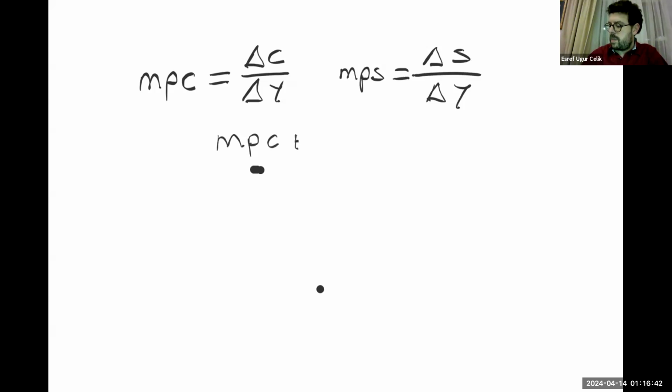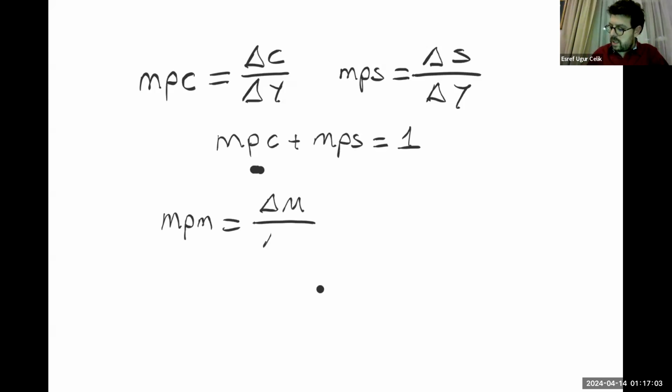MPC plus MPS equal to 1. And I made the derivation of where it comes from in the lecture. And one more thing, marginal propensity to import. This is delta M divided delta Y.